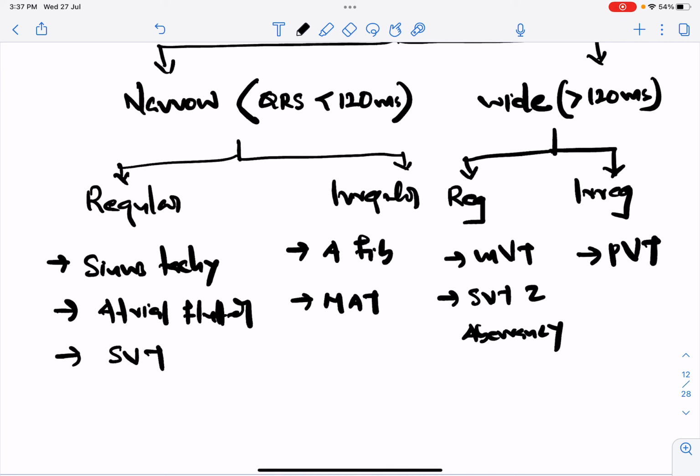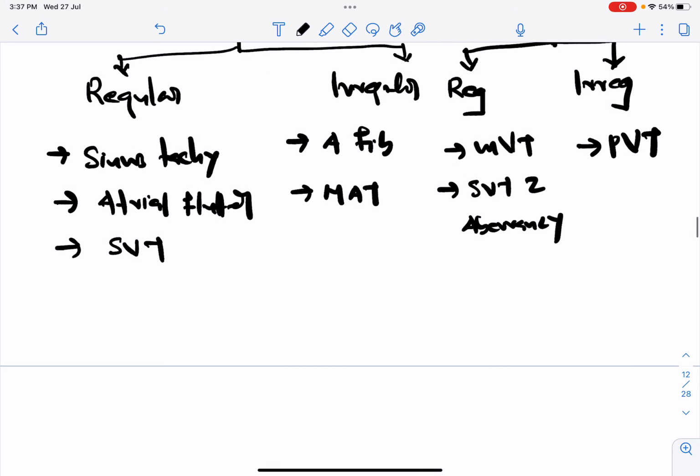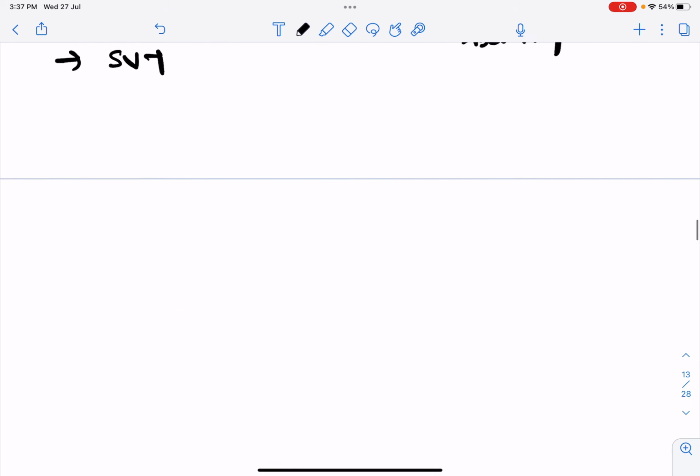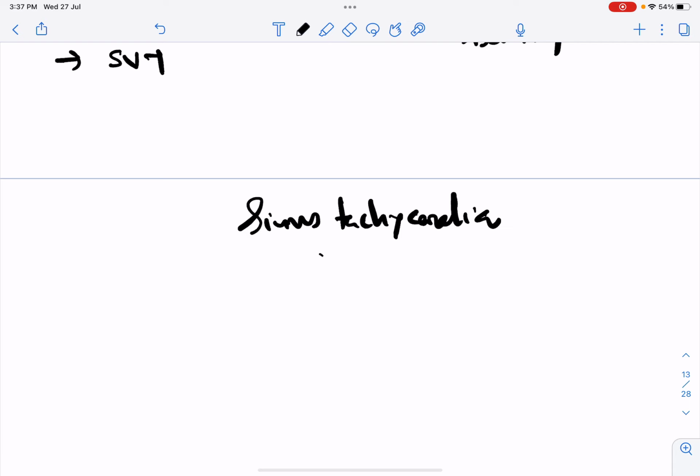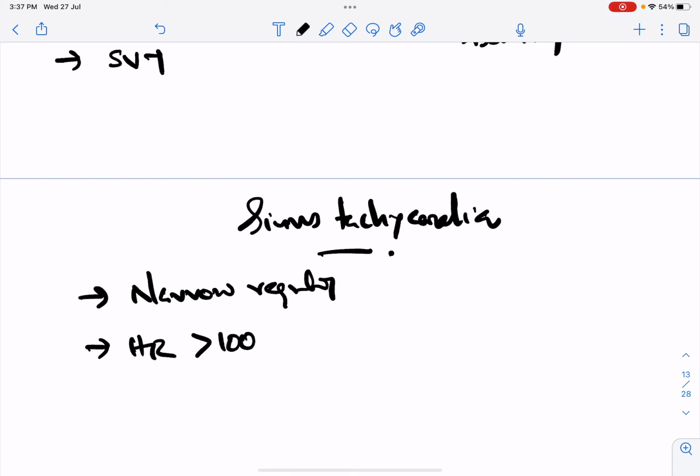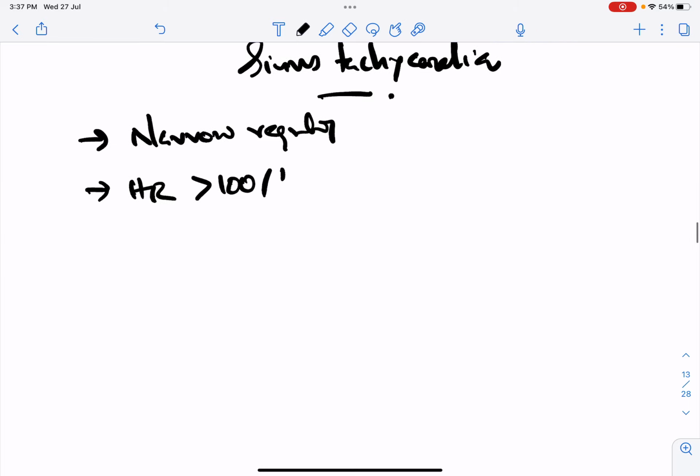Okay, so we are going to discuss one by one. So our first topic is sinus tachycardia. Okay, as discussed above, it is a narrow regular tachycardia and the heart rate will be more than 100 beats per minute.